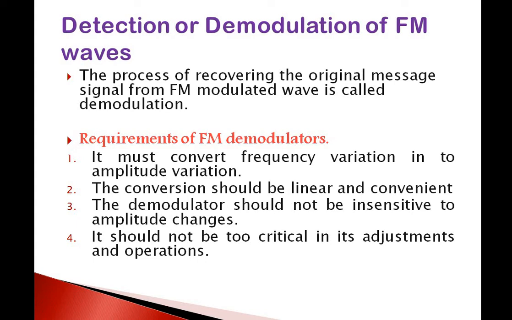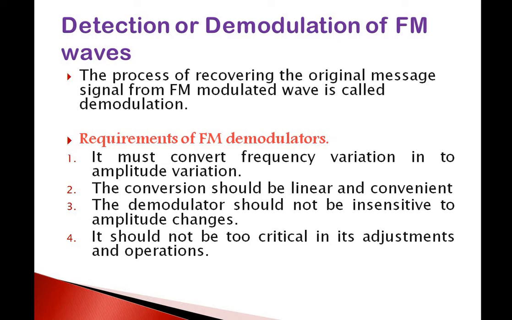So here we have some requirements for that. What are the requirements? The first one is it should convert the frequency variations into amplitude variations. It is very important because your message signal has to be obtained and the envelope is very important to get your message signal. So amplitude is very, very important.